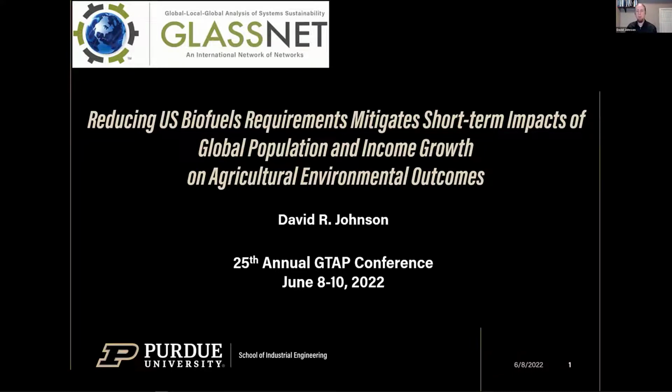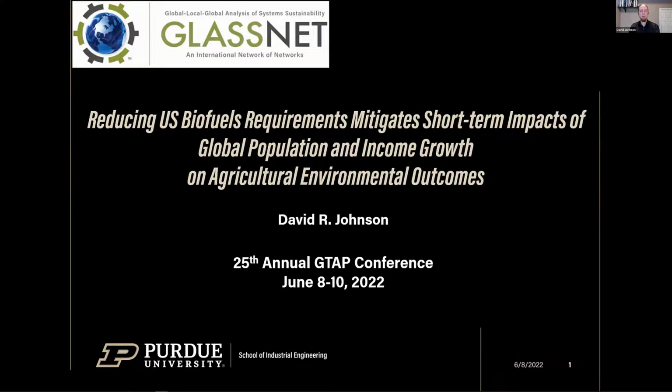Okay. All right, so this is going to be another application of the Simple G model. For this talk, we're going back to the corn soy version that was discussed in earlier presentations.